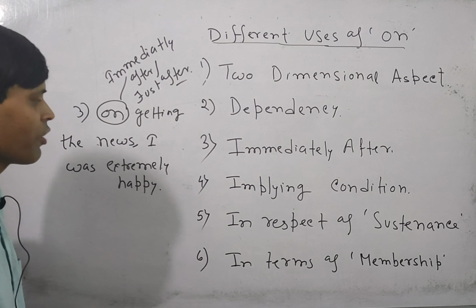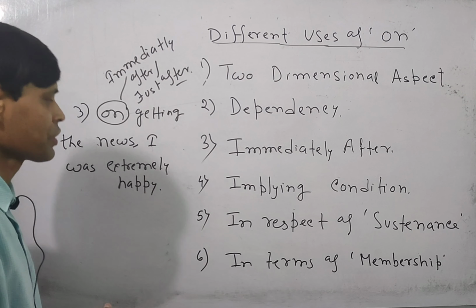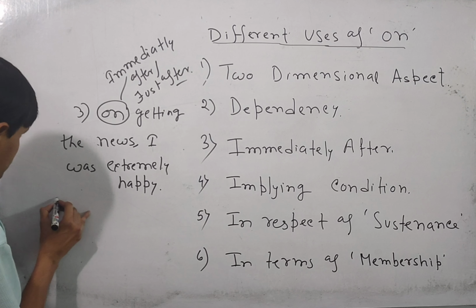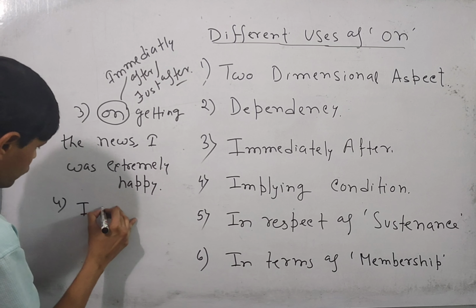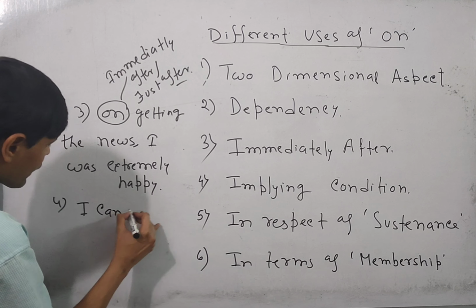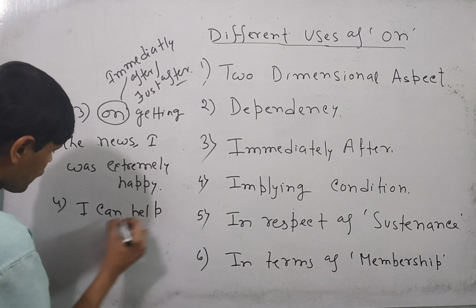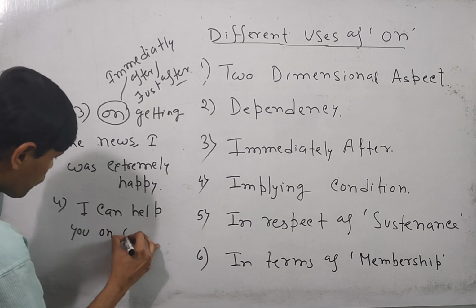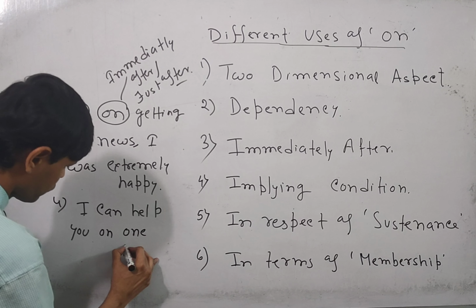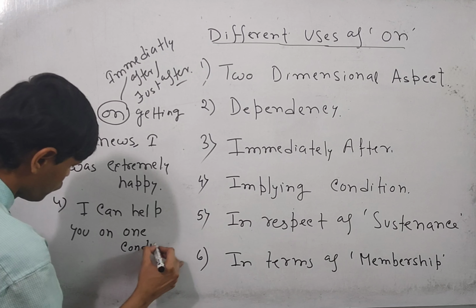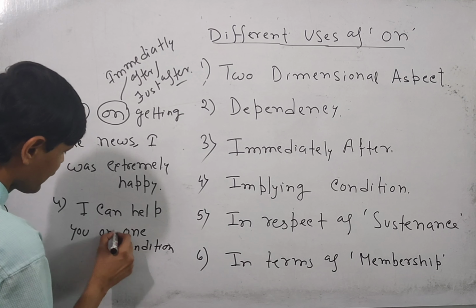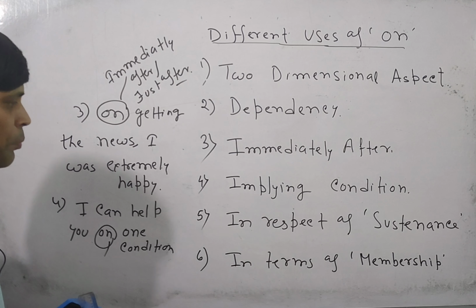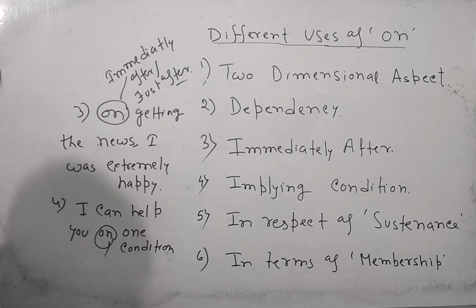Now if I just go for the next option, implying conditions. Now if I say implying condition, I can help you on one condition. So in this case we can easily use on, meaning implying conditions.